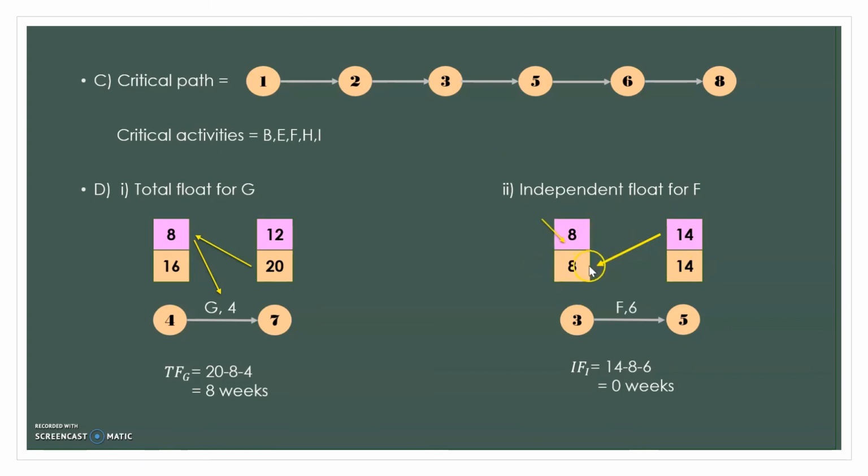And again, we need to minus the activity duration of F, 6. So the calculation is 14 minus 8 minus 6 equals 0 weeks. So the independent float for F equals 0 weeks. Okay, that's all for the past year question, September 2014.